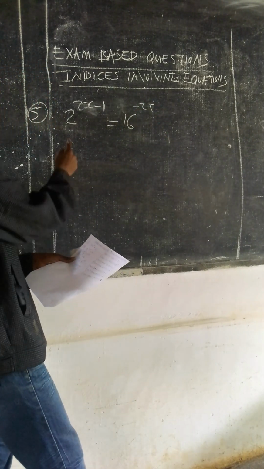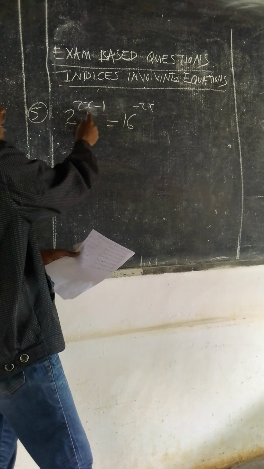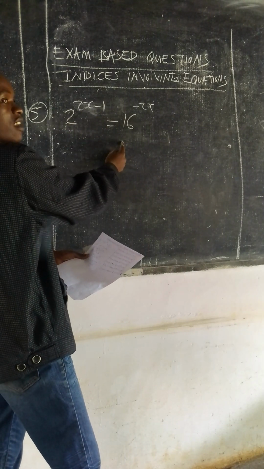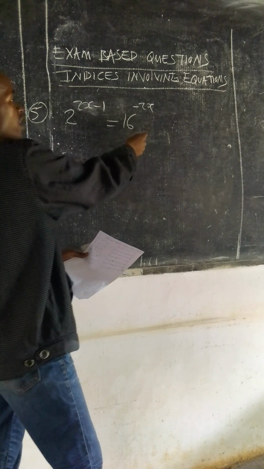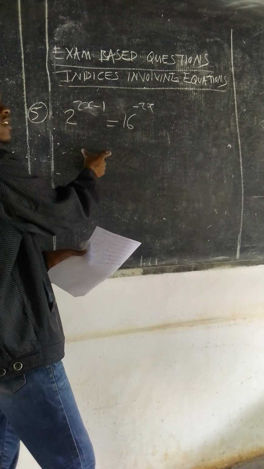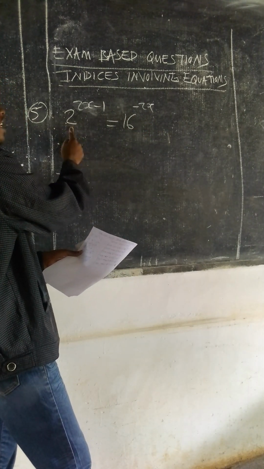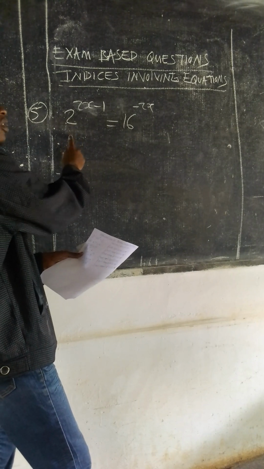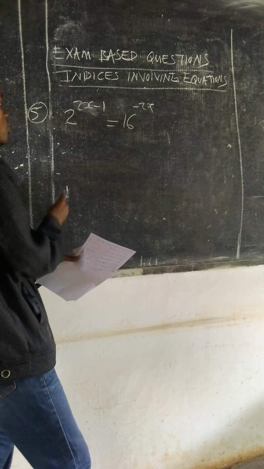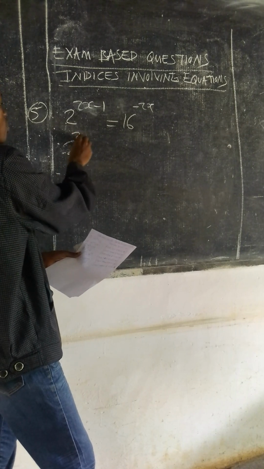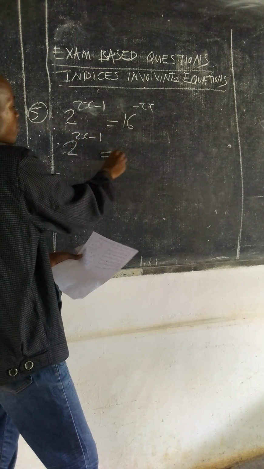Okay, question 5, you have 2 to the power 2x minus 1 equals 16 to the power negative 2x. So the first thing is to make the bases the same. We can see the lowest base is 2, meaning the other side also there should be 2. So we have 2 raised to the power 2x minus 1 equals 2.